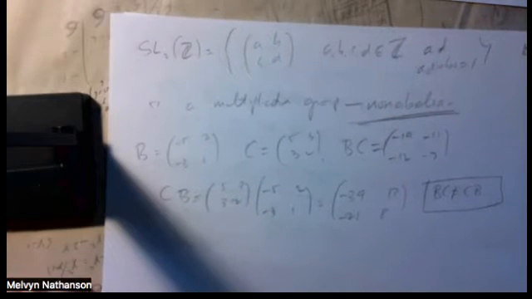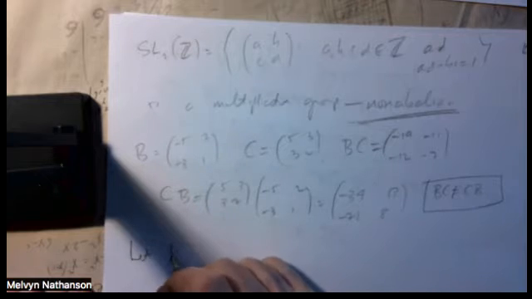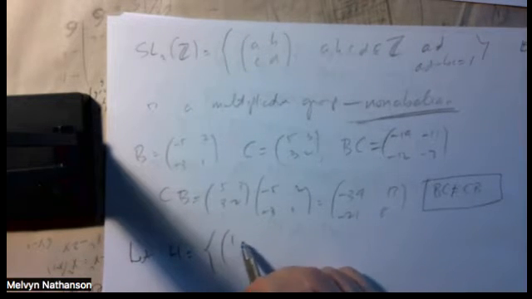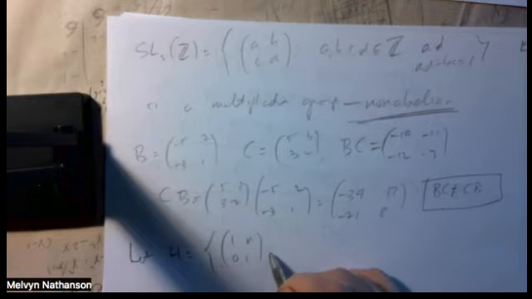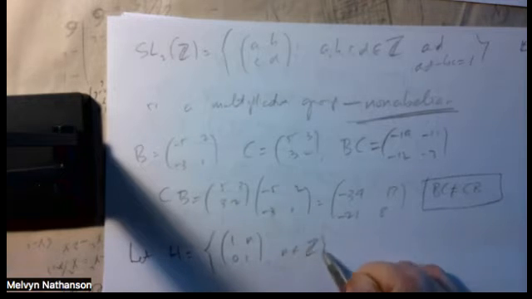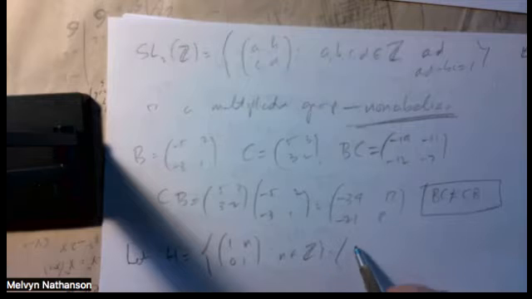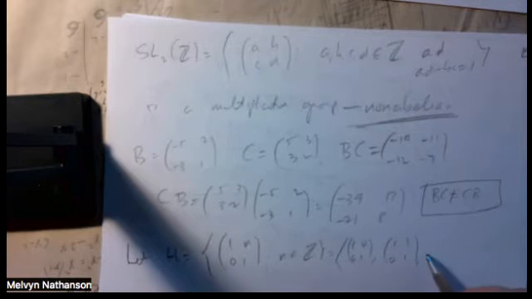Suppose I let H be the set of all matrices of the form (1, n, 0, 1), where n is in Z. So you have the matrix when n is 0, (1, 0, 0, 1). When n is 1, you have (1, 1, 0, 1). When n is 2, you have (1, 2, 0, 1), and so forth.